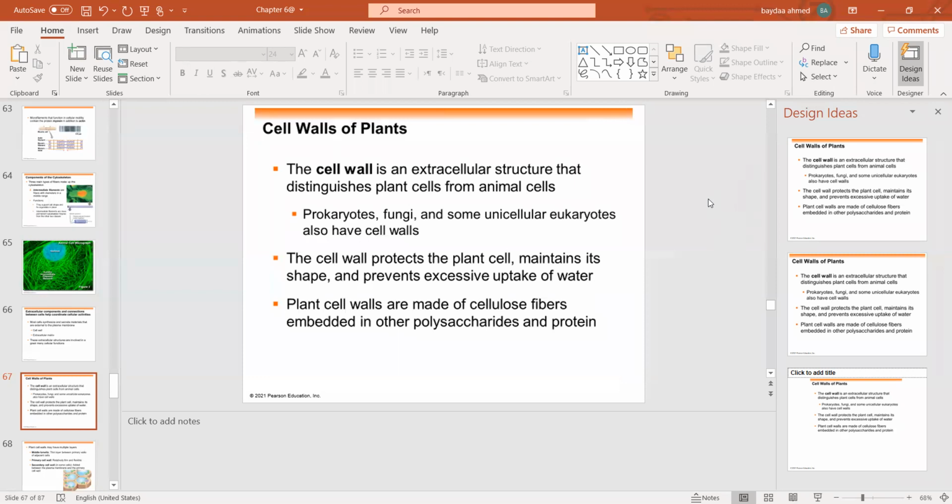The chemical composition of the wall, as we studied with macromolecules, is built from cellulose, microfibers made of the polysaccharide cellulose, embedded in a matrix of other polysaccharides and proteins.